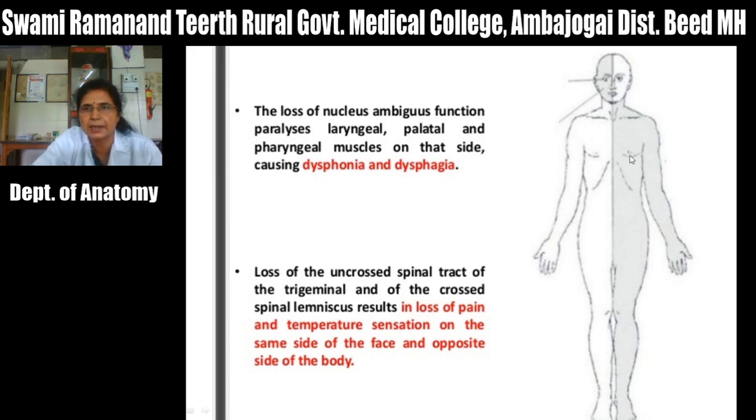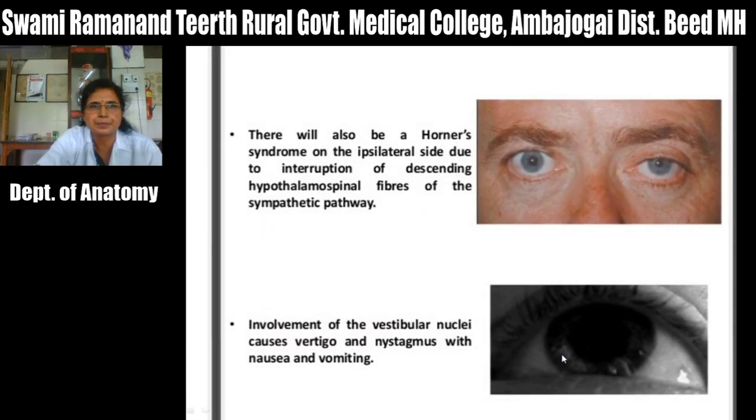So in this diagram, there is loss of pain, touch, temperature sensation on the same side of the face, but loss of pain, touch, temperature sensation on the opposite side of the body. So this is about the lateral medullary syndrome.